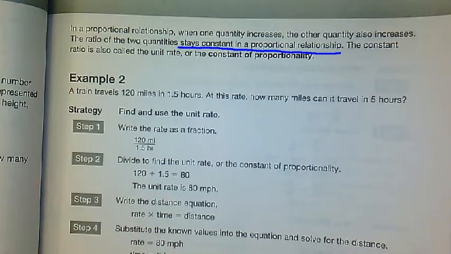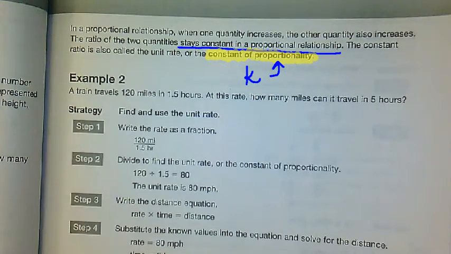Okay, so this is the constant ratio called the unit rate or the constant of proportionality. So this will make more sense when we discuss graphing. We're always going to do the constant of proportionality. So this letter, and I want you to write this down, we represent this as letter K. Okay, so K is the constant of proportionality. We use that variable. All right, so let's look at what that means.